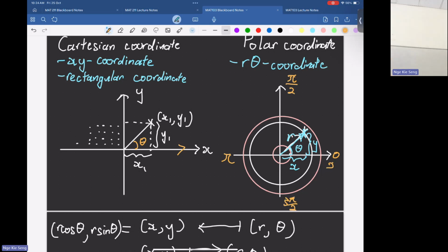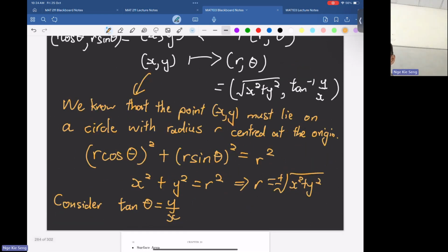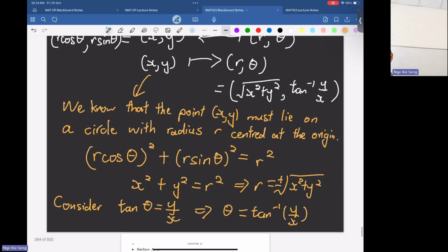And then you go around again, 2 pi, and then you continue. So you get tangent theta equals y over x. This implies that theta is equal to tangent inverse of y over x.